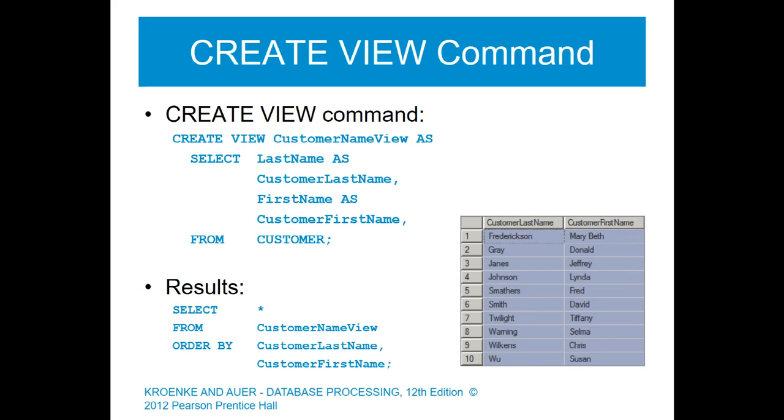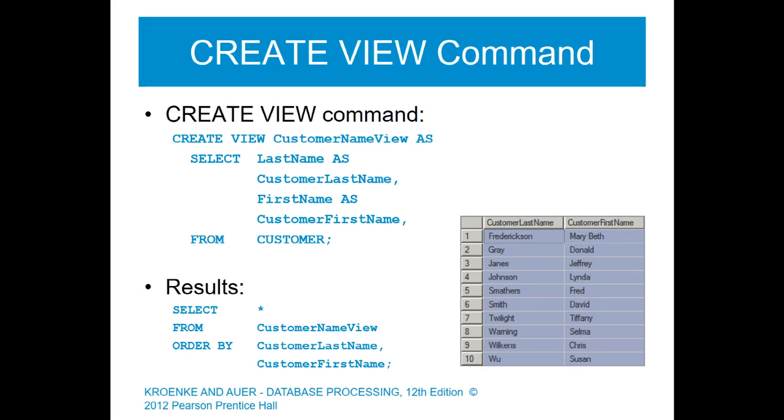We've seen this earlier, but what this means is that when we access through the view, it will know the name we picked here as an alias, but it won't see all the aliasing syntax. It's a way to simplify it a little bit. So we create our view, we do our select from some table, and then how do we use it? Well, here's an example down here under the word results of us using our view. We say select star from customer name view.